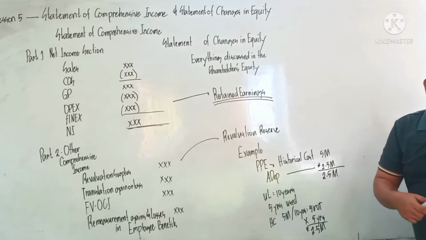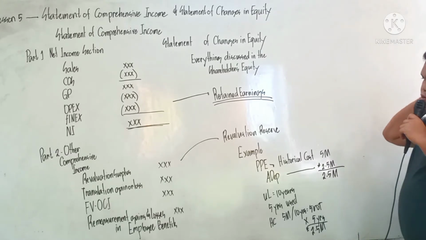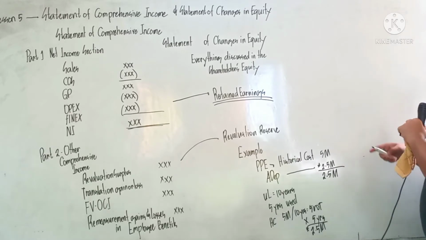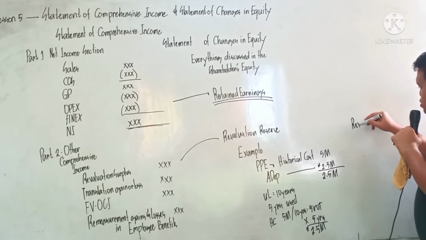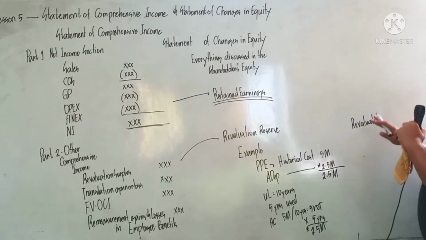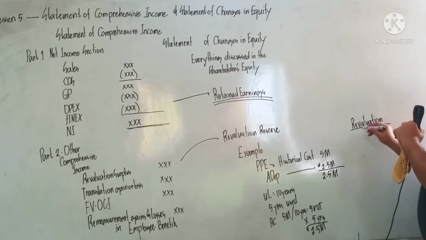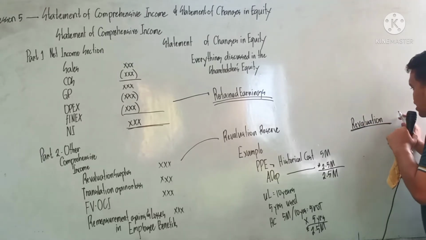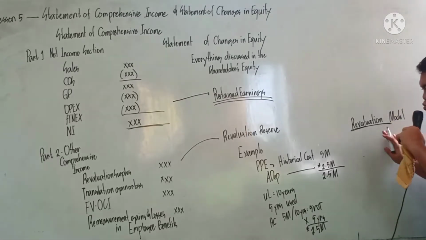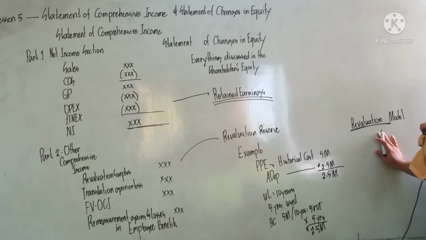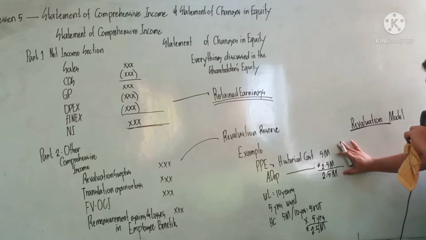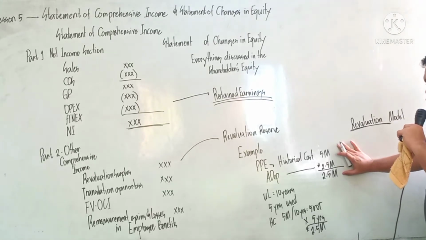But we have the second na recognition for this PPE. That is what do we call as revaluation model. So this is the time that revaluation surplus will come into play. So later you will see what is that revaluation surplus. So revaluation model. If you're going to use the revaluation model, then you will stop to use na itong historical cost minus accumulated depreciation minus impairment losses.